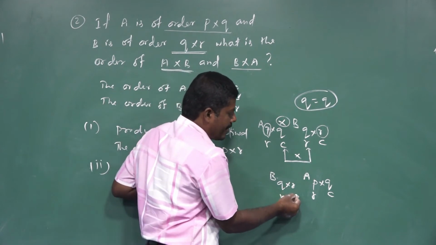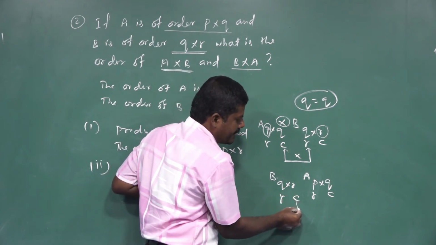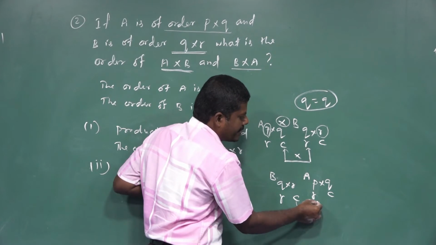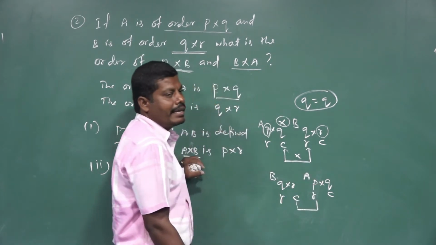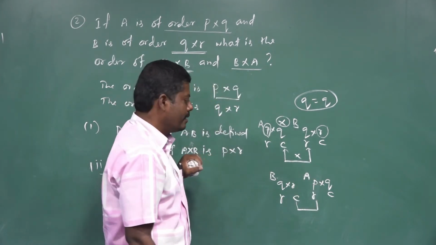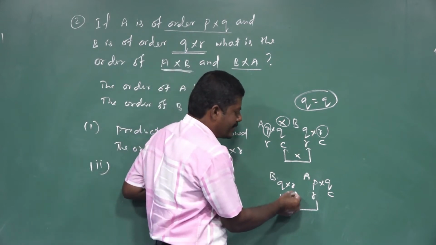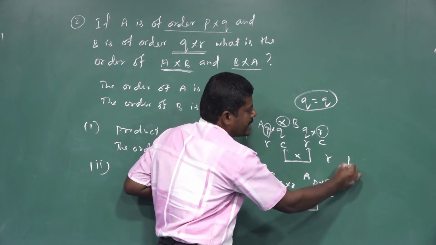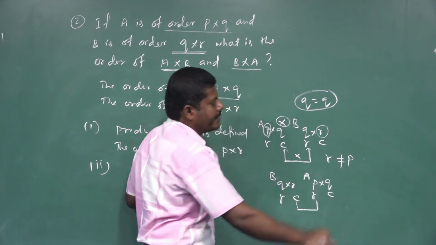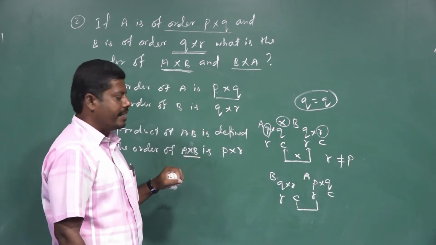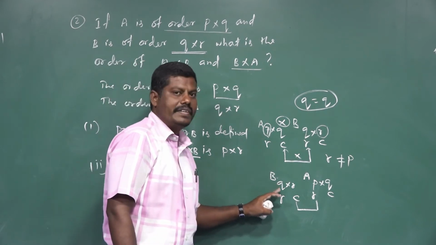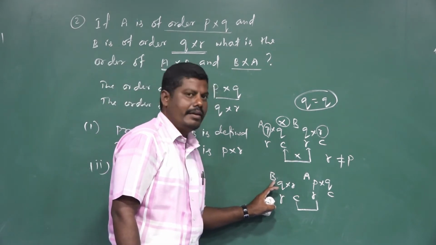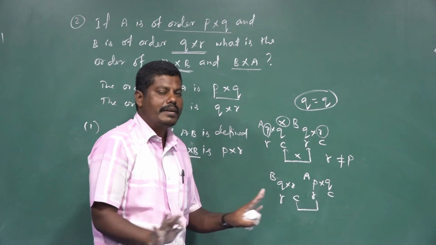So number of columns in the first matrix is equal to number of rows in the second matrix. Then only matrix multiplication is possible. But here number of columns in the first matrix is R and number of rows in the second matrix is P. Both are not equal. Therefore, matrix multiplication, that means B multiply A, is not possible.